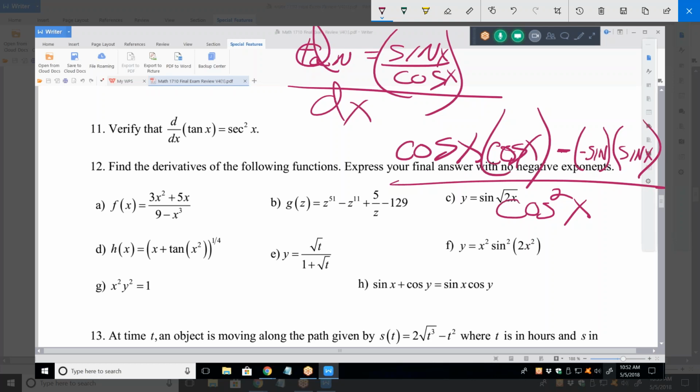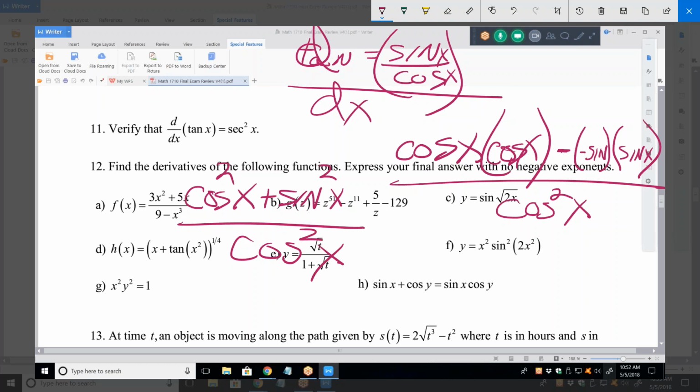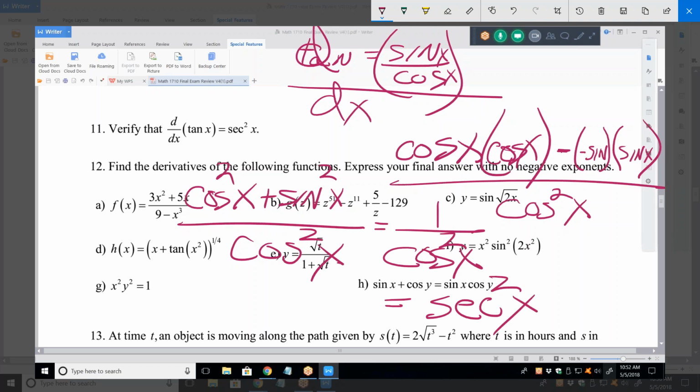I got cosine squared of x plus sine squared of x all over cosine squared of x. What's cosine squared x plus sine squared x? 1. What's the reciprocal of cosine? Secant. That's how you do it.